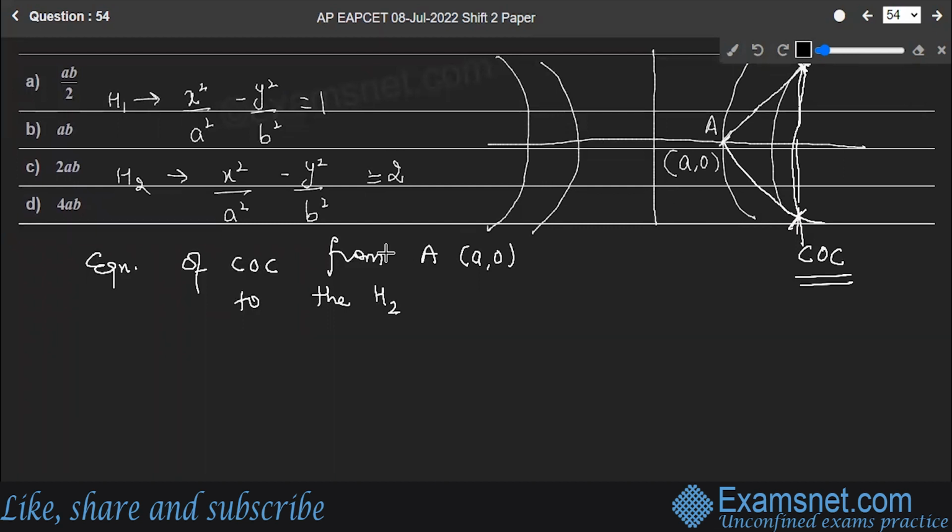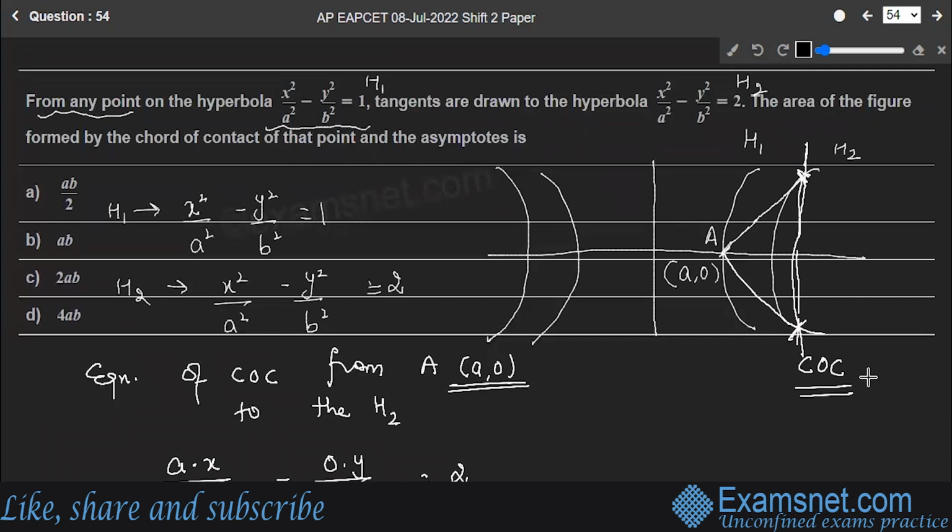If I'm dropping tangents from this point on the hyperbola, then the chord of contact will be given by a into x upon a square minus 0 into y upon b square is equal to 2, which gives you x is equal to 2a. So in this particular case, this is the equation for the chord of contact, which is given by this line. Here you have x is equal to 2a.